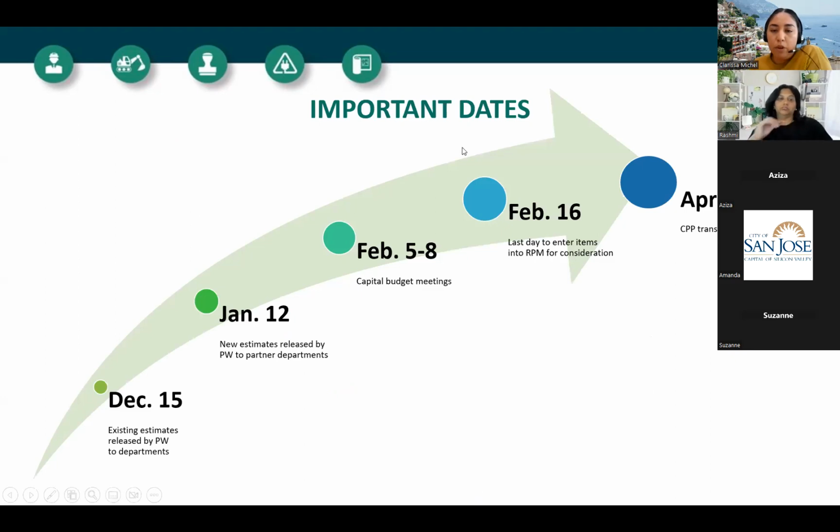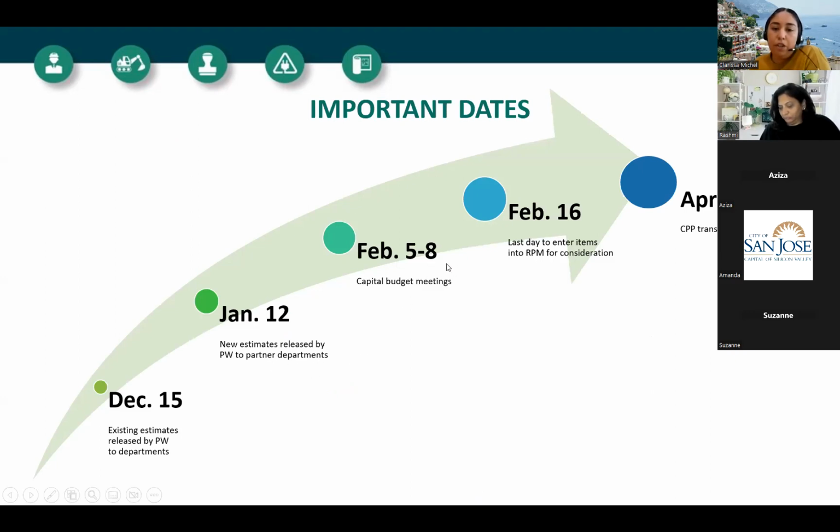Next, important dates. These were addressed at some point already, but we want to make sure you are all aware of these important dates that Amy mentioned. December 15th, existing estimates released by PW to departments. January 12th, new estimates released by Public Works to partner departments.